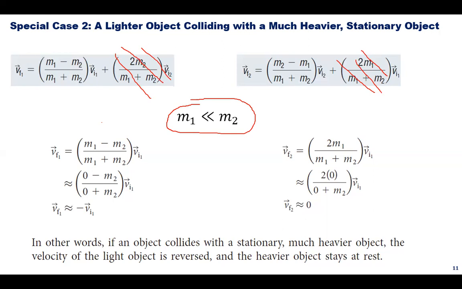To put this scenario into perspective, consider a collision between a table tennis ball and a stationary transport truck. The truck will not move, and the table tennis ball will bounce back with the same speed. We will explore more special cases in the questions at the end of section 5.4.